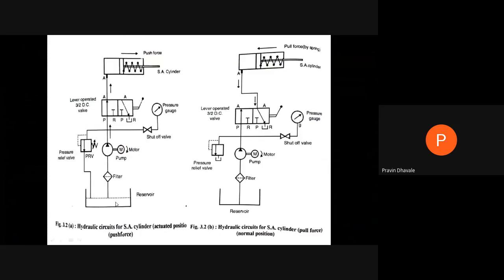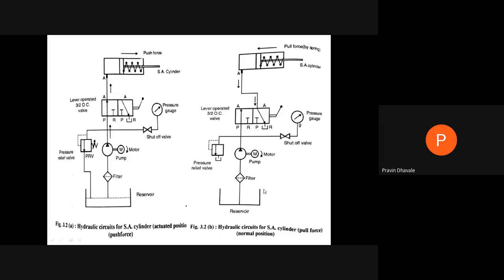For actuation position, we are supplying the fluid from the pump by using this 3/2 direction control valve to the actuator. Because of that, this piston will be moving in the outward direction, forward motion. So it is called as a push force. And by shifting the position of a direction control valve, we are actuating this second position.